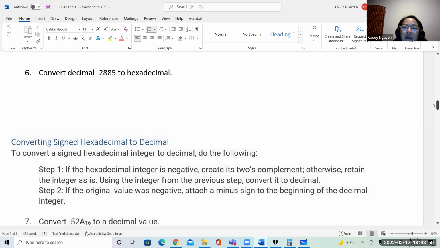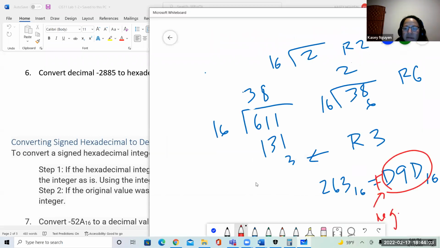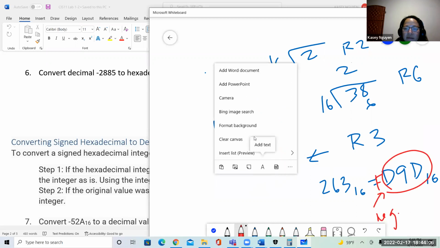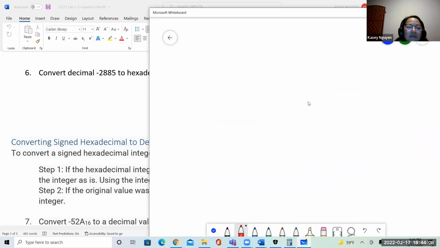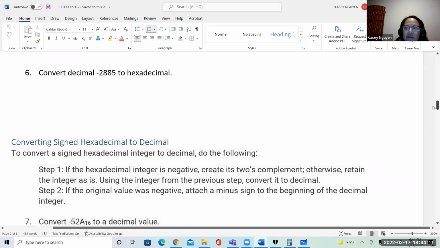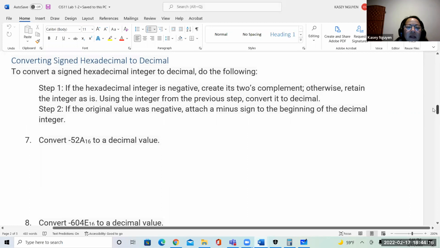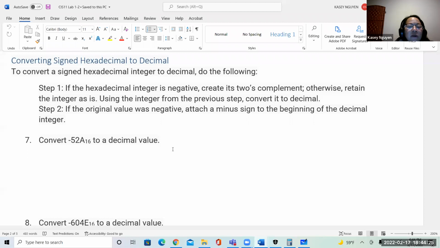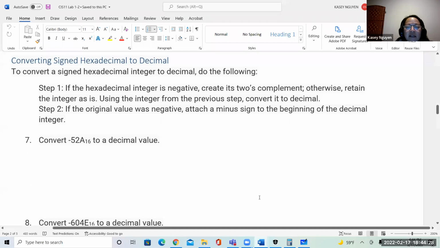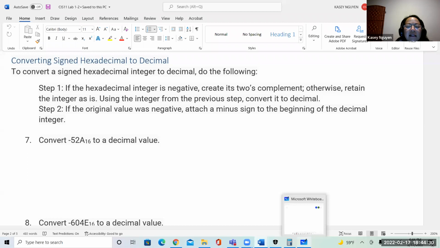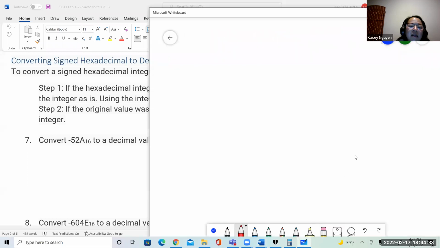Now we're also going to go the opposite way, right? So this one, we are going to go in reverse, where we were converting from decimal to hex, where we divide. So now we're going to multiply. So this is just going to review what we talked about in the last session.